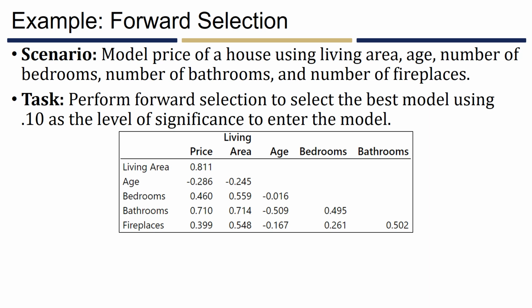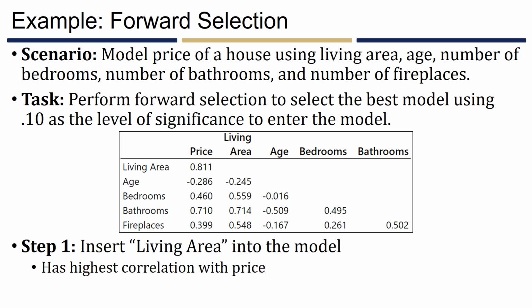We want to perform the forward selection algorithm in order to choose the best model using 0.1 as our level of significance for a predictor to enter the model. Taking a look at the correlation matrix, we see that living area should be entered into the model first. It has the highest correlation with price at 0.811, and so this appears to be the best predictor that we can start out with building our model.